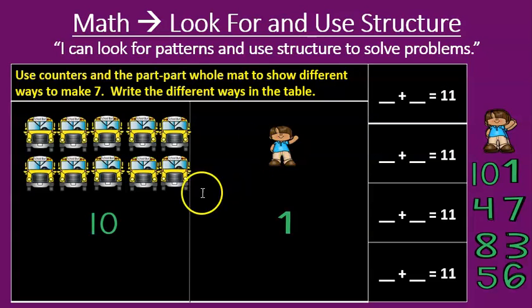And to make sure you have the correct number, here's what you're going to do. You're just going to count everything up now. Watch. 1, 2, 3, 4, 5, 6, 7, 8, 9, 10, 11.